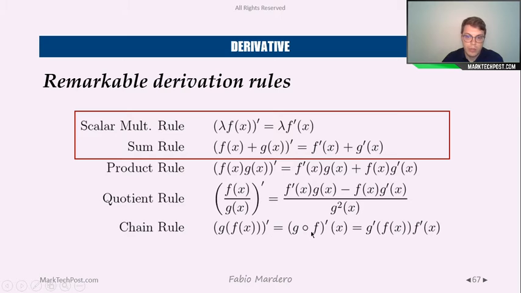In fact, here you can see the circle that denotes the composition. So what we are computing here is the derivative of g of f of x. And this is the result, but we will see it in more detail in the next slides.